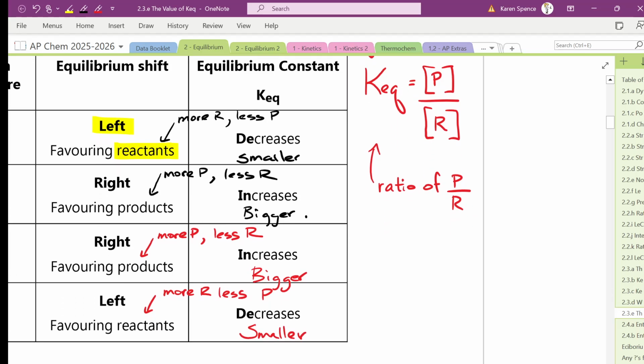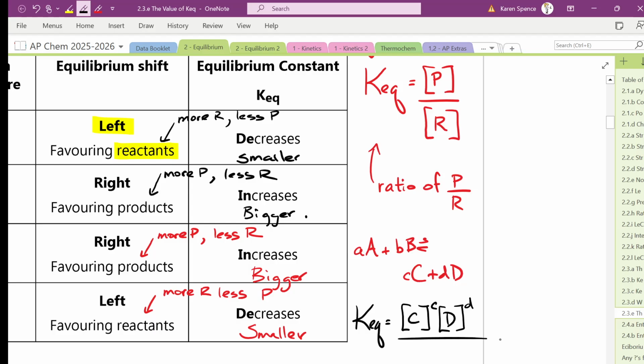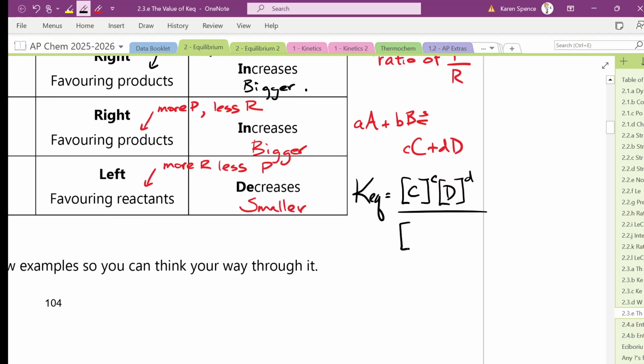Now, if we want to get a little bit more specific, if we have a reaction A plus B in equilibrium with C plus D, then KEQ will be the concentration of C raised to the power c, concentration of D raised to the power d, over concentration of A raised to the power a, and concentration of B raised to the power b.